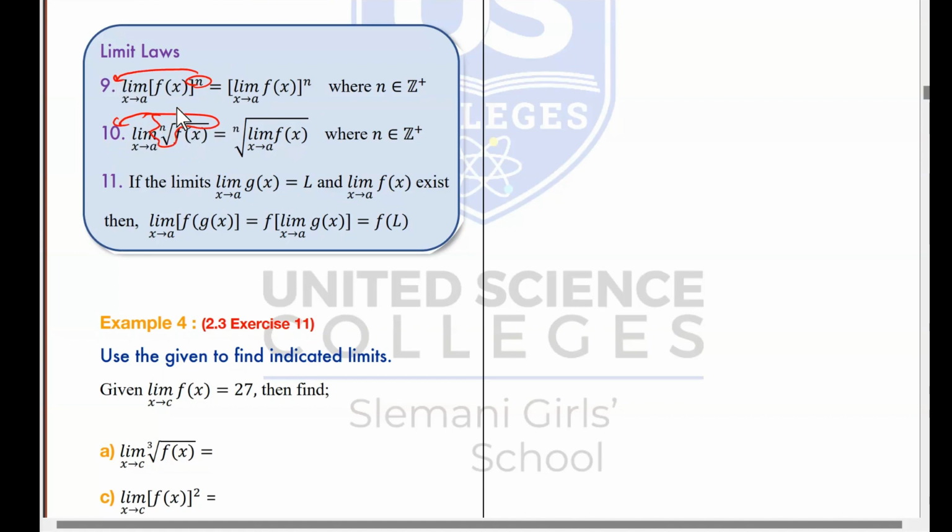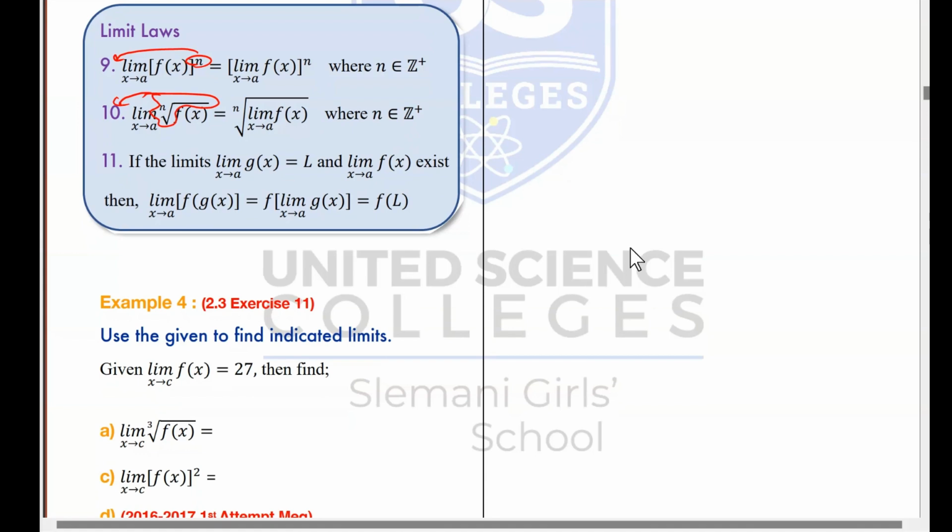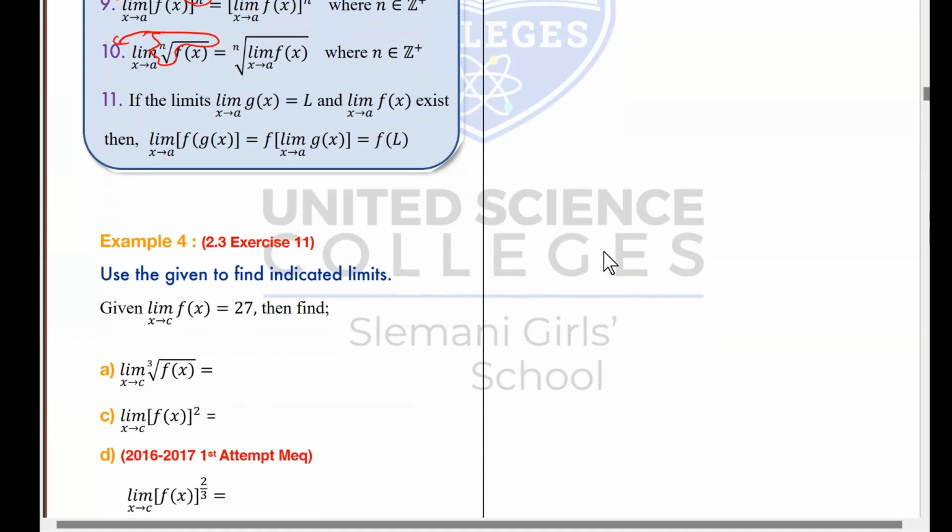We can pull this index out. Let's take a look at some examples related to this. Now the same idea goes for composite functions. Here we have a composite function. We can take this outside function outside of the limit.